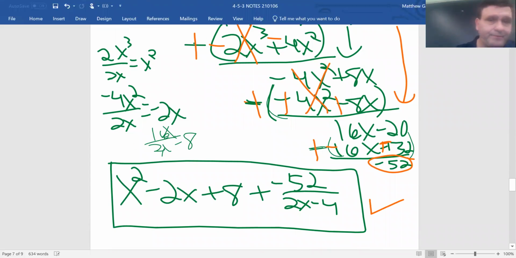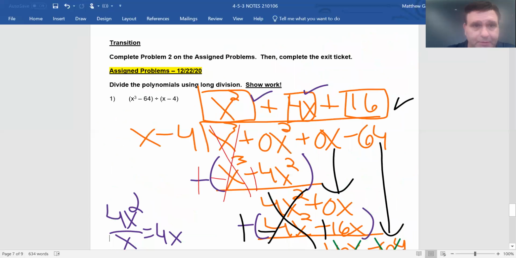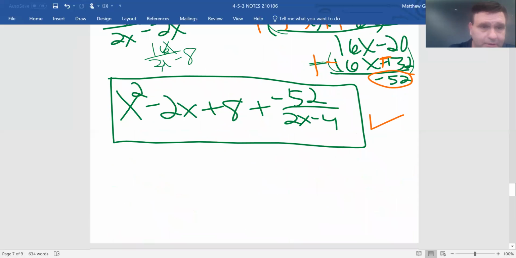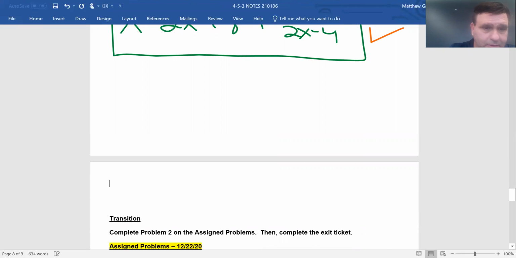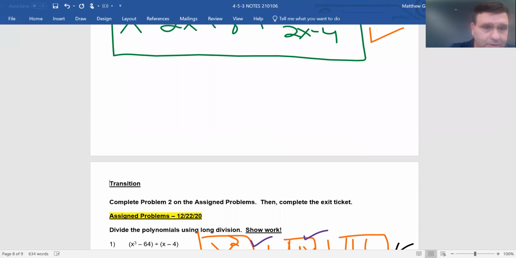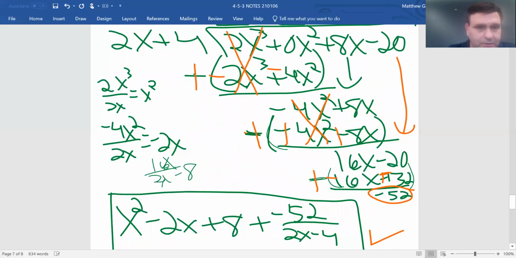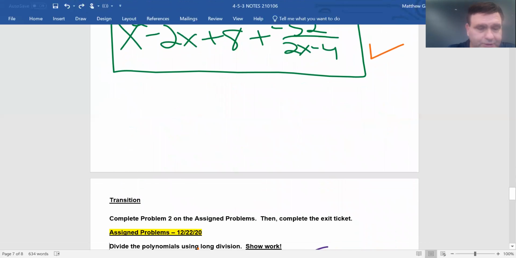Okay. So problem 2 on these has the same setup. Do the transition.